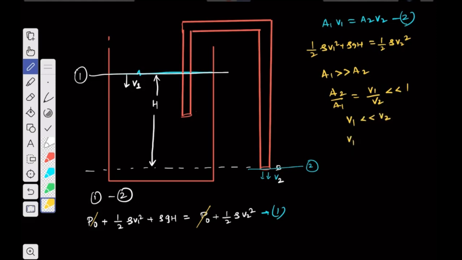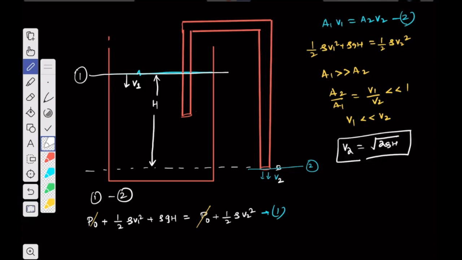So V1 squared is nearly 0 and we will neglect it, or we can neglect V1 square with respect to V2 square. So the V1 term will be neglected in case it is given A1 is very much bigger than A2. If nothing is told about the areas of the cross sections, then you must consider this case only. So considering this approximation, V2 will be root over 2gh, simple like that.